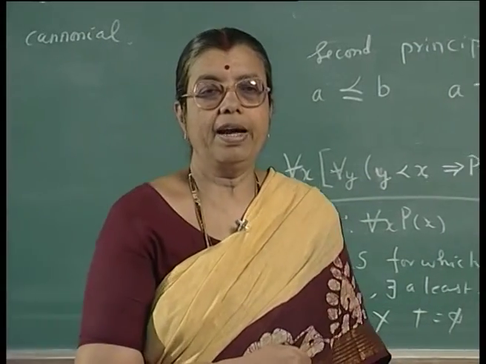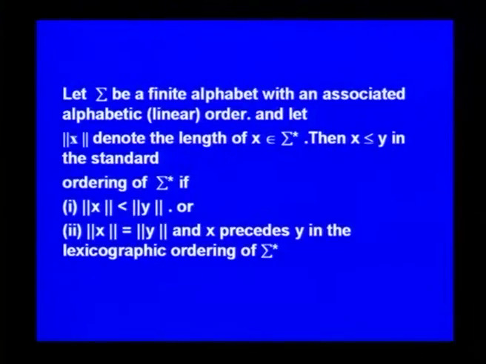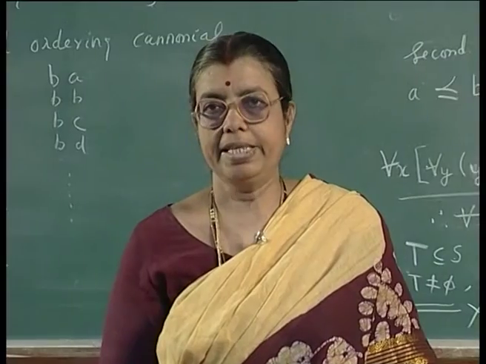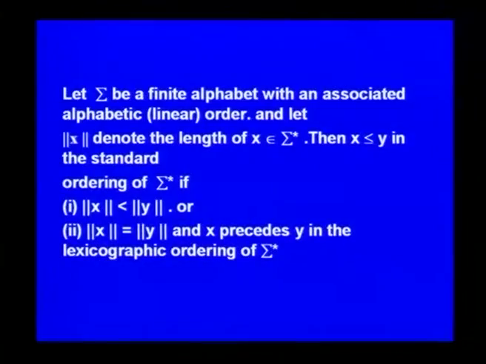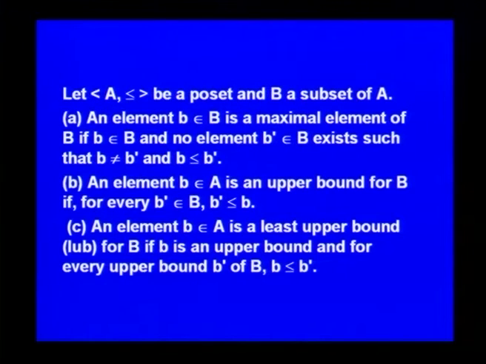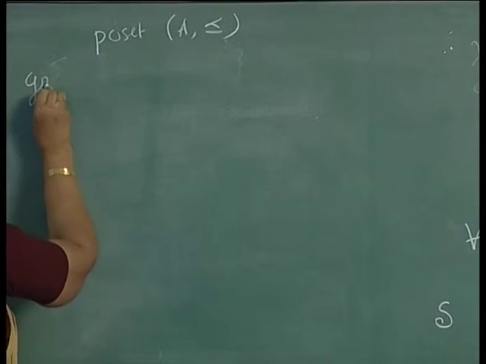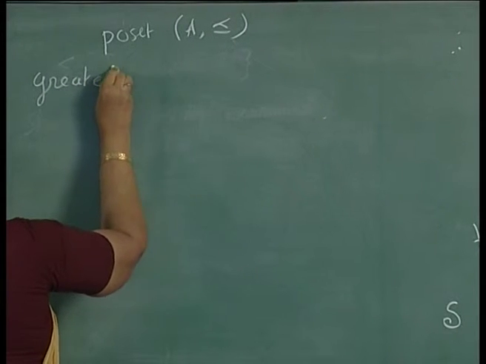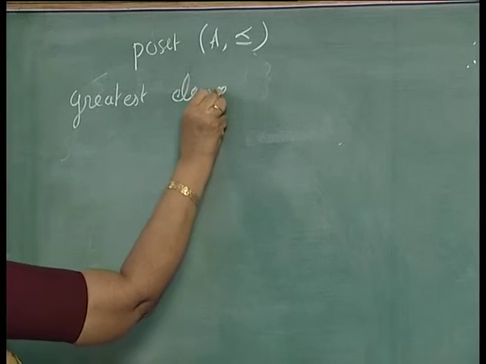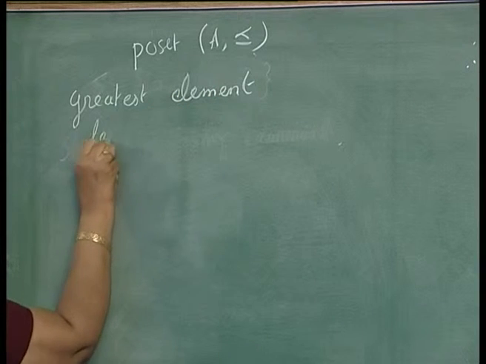Now, while defining the well order, we have seen what is meant by a greatest element and what is meant by a least element. There are some more properties which we will see. For a partially ordered set A, less than or equal to, we have seen what is meant by a greatest element and a least element.